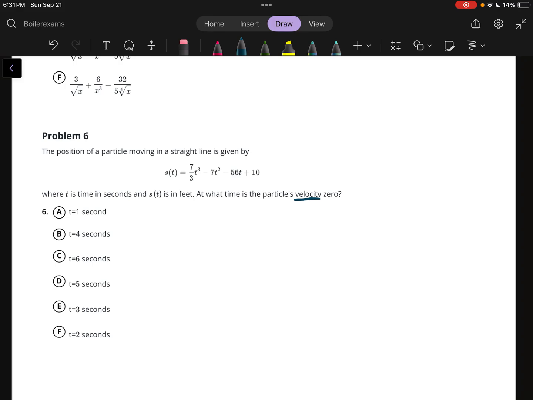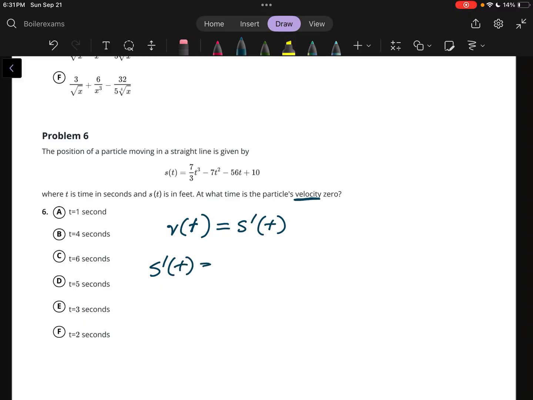The way we do this is we find the derivative of position. So basically, velocity is equal to the derivative of position, and this is just a formula that you have to remember.